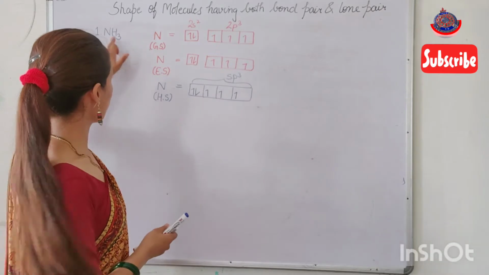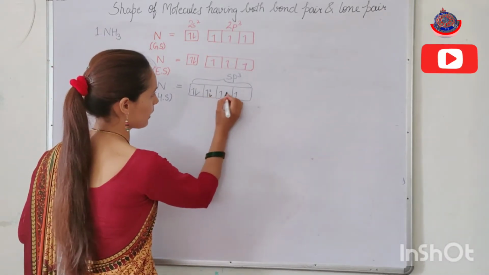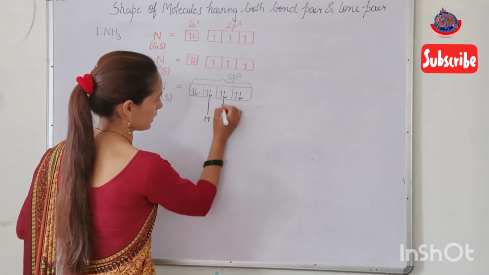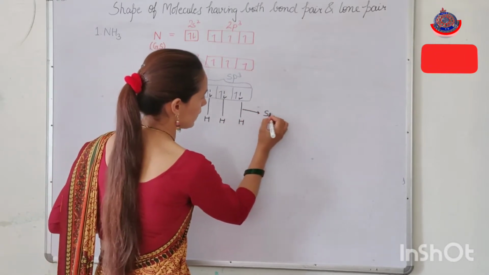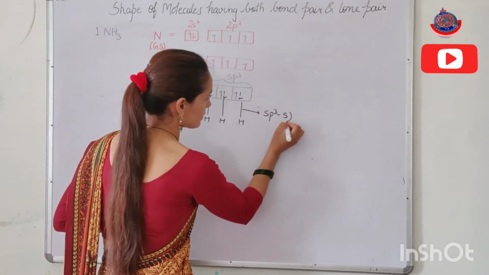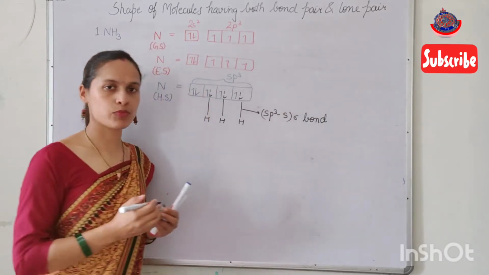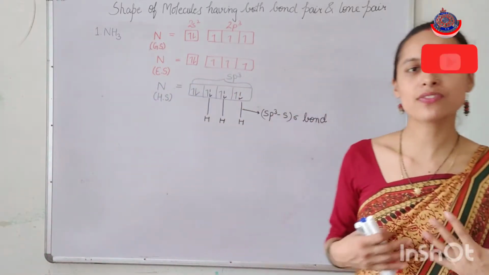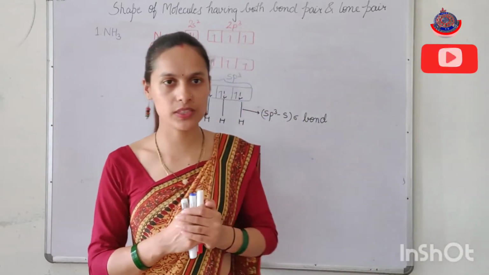Clear? And then when three hydrogens come, they approach nitrogen and form bonds with the nitrogen. The name of this bond is sp3-s sigma bond.